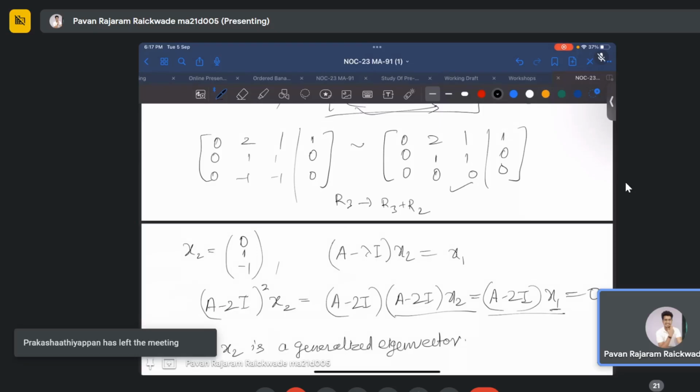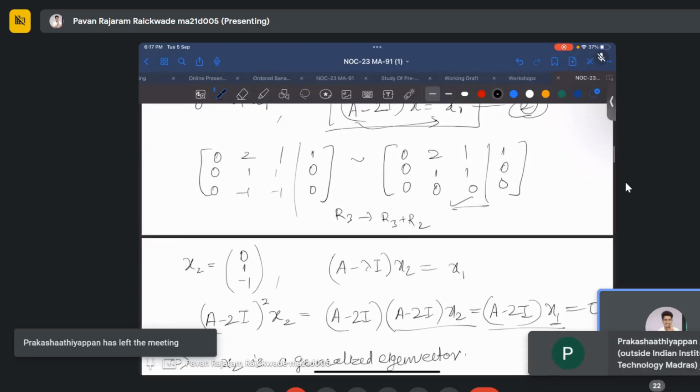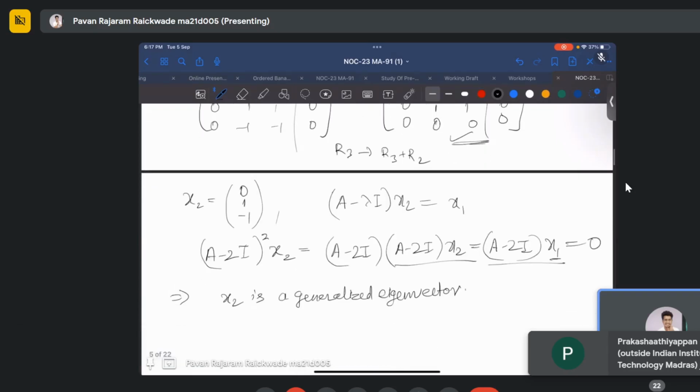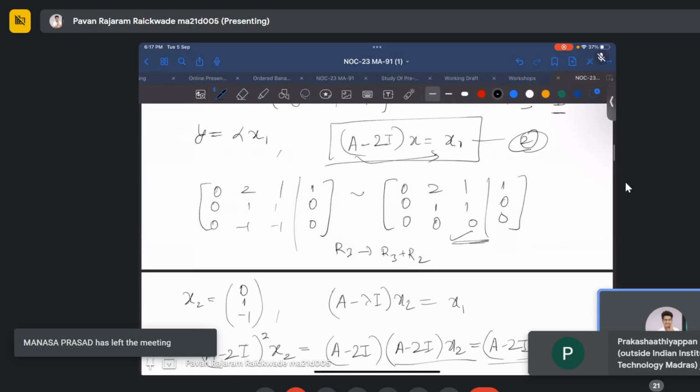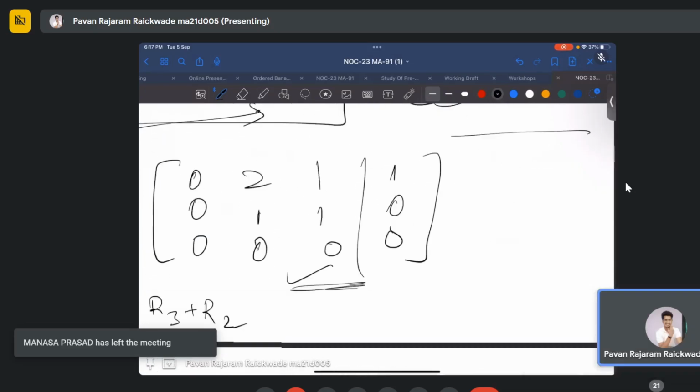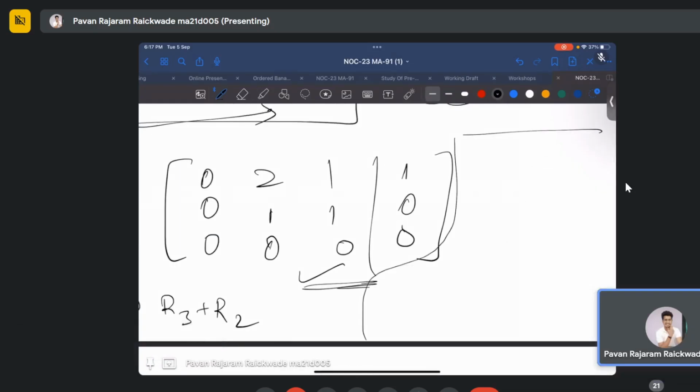If I want to solve this equation here, x2 is confusing now because I named those as vectors, so I'll write alpha something. 2 alpha 2 plus alpha 3 should be 1, and then alpha 2 plus alpha 3 should be 0.